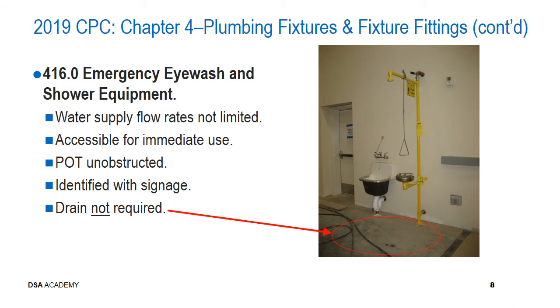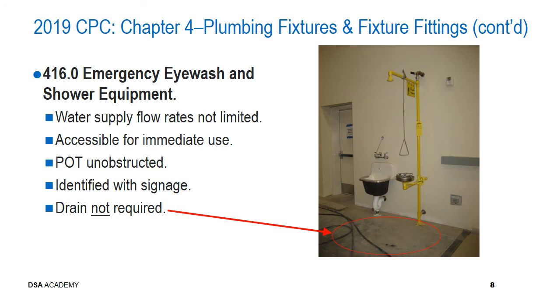I think that's most interesting because you would expect that any time that you're anticipating dumping possibly several hundred gallons of water onto the ground, that you would have a way to readily take that away. Well, drains are not required. However, the thing to remember is if a drain is required, it makes this a very special drain system from this perspective. If you're washing off chemicals, those chemicals are not permitted to be included or introduced into the standard sanitary sewage system.